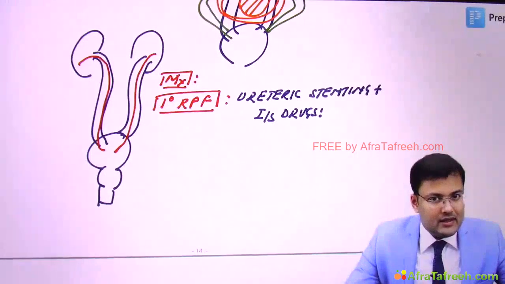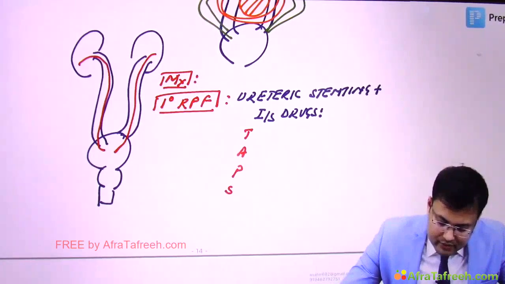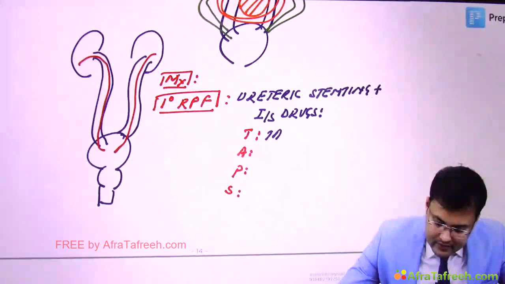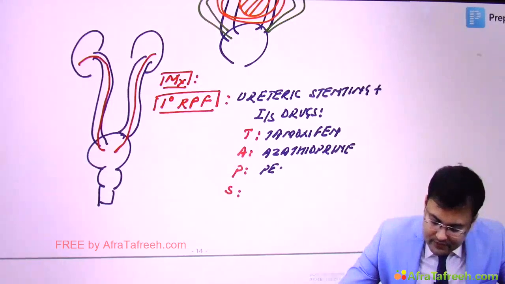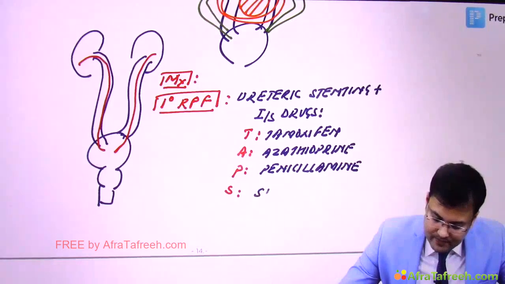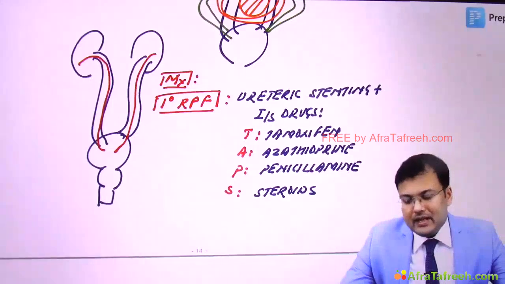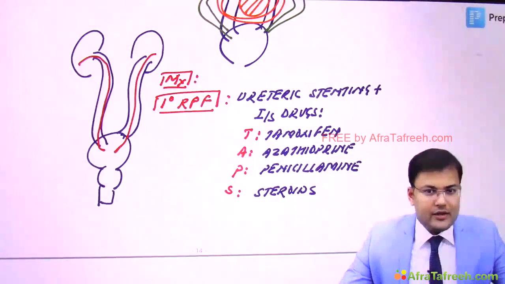This is asked in medicine, it is asked in surgery, it is remembered by the mnemonic TAPS. T, tamoxifen. A, azathioprine. P, penicillamine, and S, steroids. Clear? Tamoxifen, azathioprine, penicillamine, steroids. So these are the drugs which are used in primary retroperitoneal fibrosis.